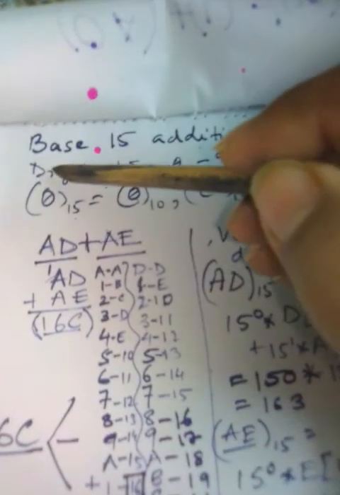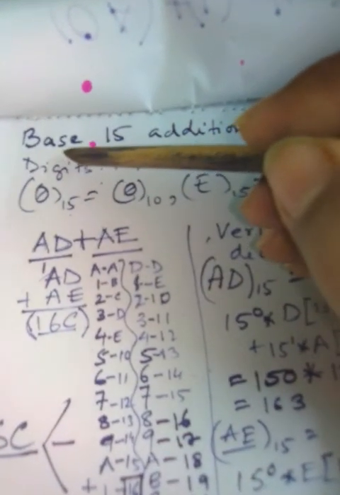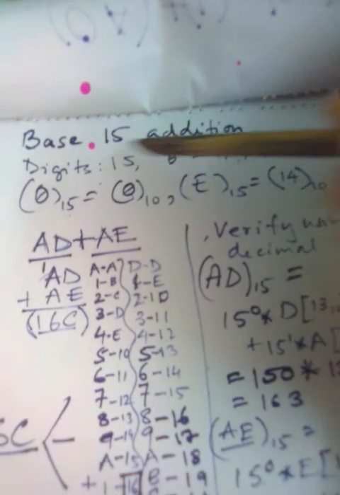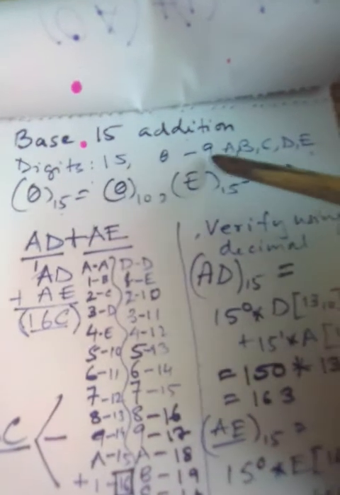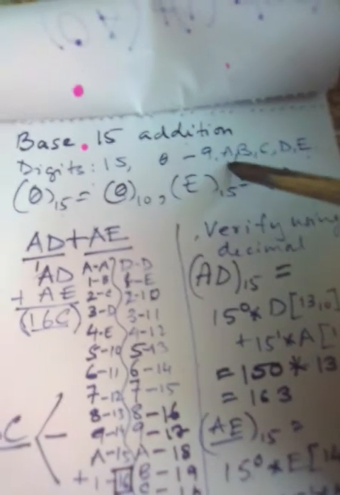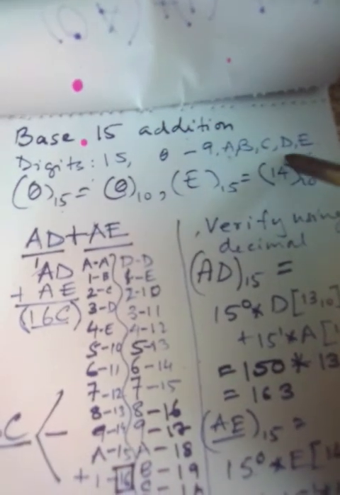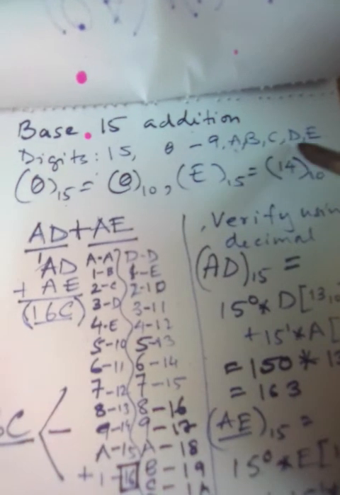Welcome back, friends, and in continuation with the last class, we'll now see some base 15 addition. In base 15, the digits are 0 to 9, and then A, B, C, D, and E, which are the values 10, 11, 12, 13, and 14 in decimal.